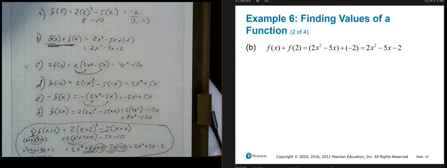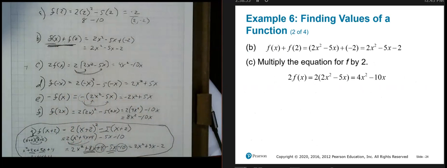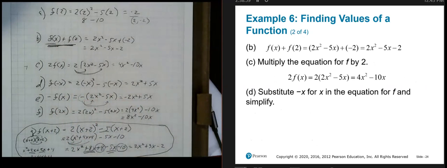All right, and then this one, letter B, and then letter C was multiplying the function by 2, and then putting negative x in for x. We ended up changing the sign on the odd degreed term.